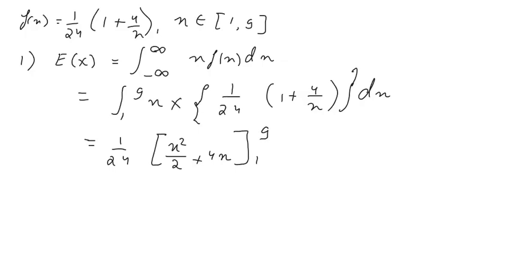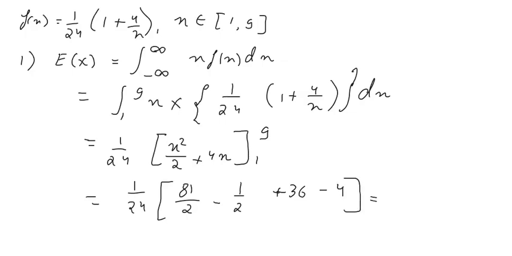We will do this now. After doing this, we will get 1/24 (81/2 minus 1/2 plus 36 minus 4), and this will get converted to 1/24 (80/2 plus 32).